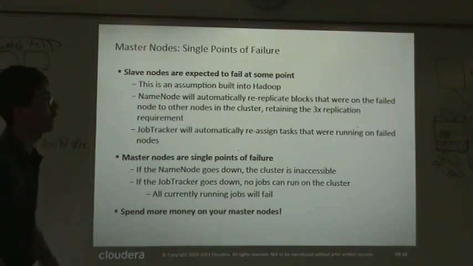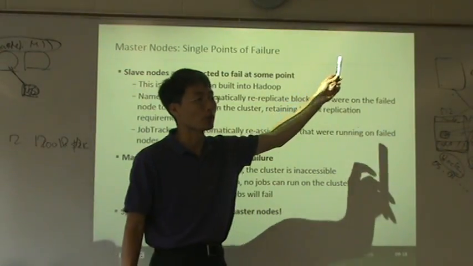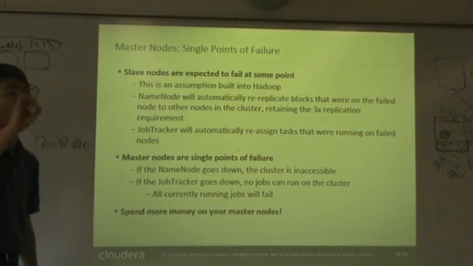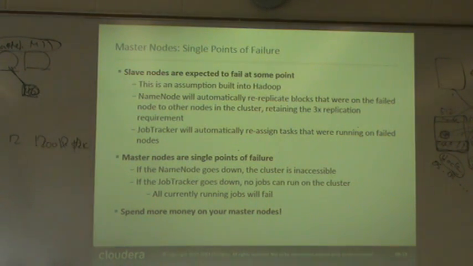The job tracker and the name node are also checking whether the data nodes are alive, and whether each block is okay or not. The job tracker automatically assigns jobs to the available nodes and the available blocks.